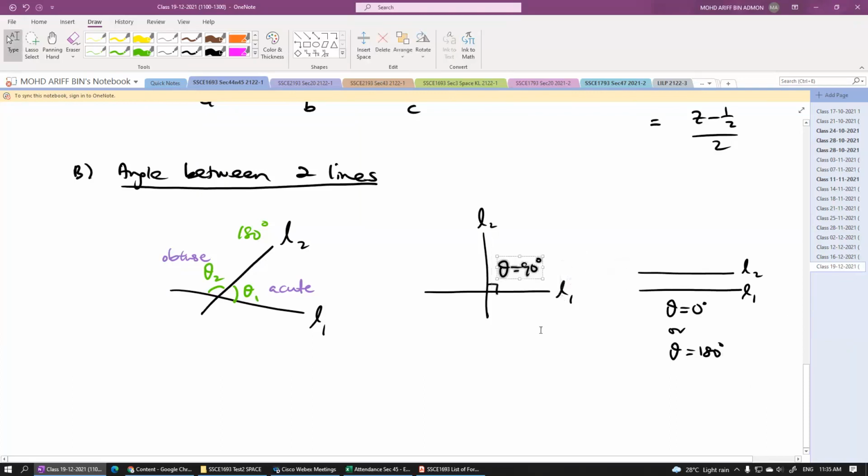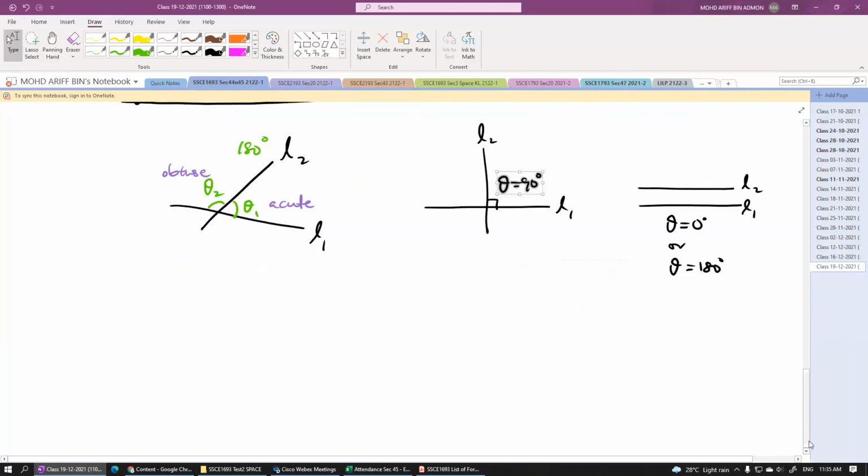So if we are talking about angle, either dot or cross, normally we use which one? Dot or cross product? Can we use cross?